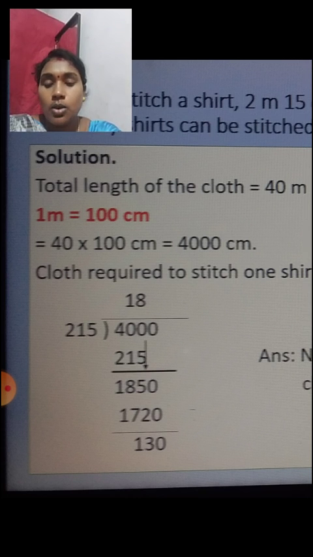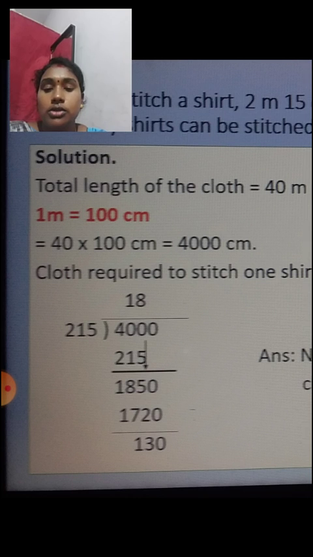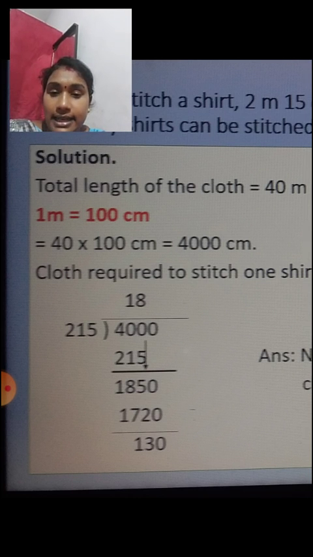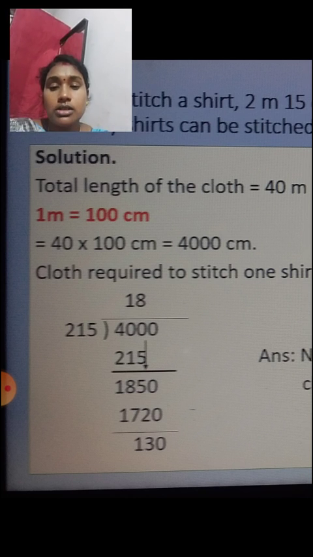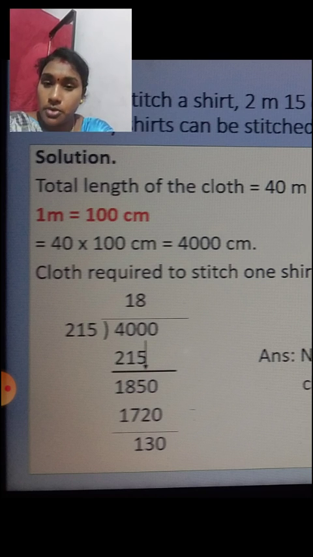Yes, 185 is smaller than 215, so it cannot be divided. So you carry down the 0 which is present, using an arrow mark. It will become 1850. So how many times will 215 go into 1850?